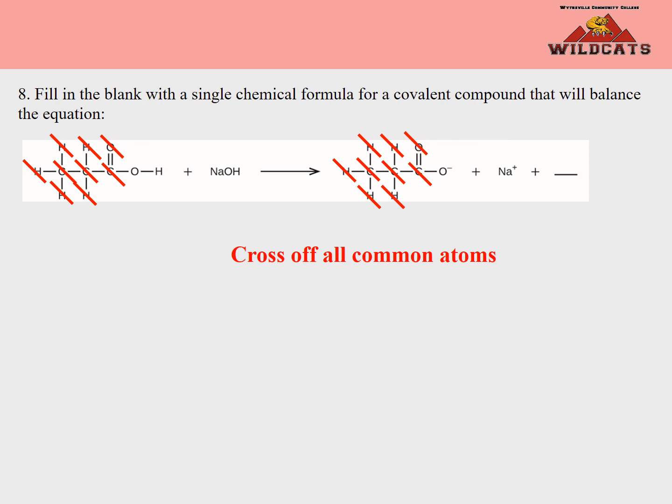Cross off the oxygens. And if you'll notice, what I have left is sodium for the sodium hydroxide, a hydrogen, and an OH. And remember, we said water breaks apart into HOH. If you have an HOH, it's going to produce water, and that's where I get the H2O from.